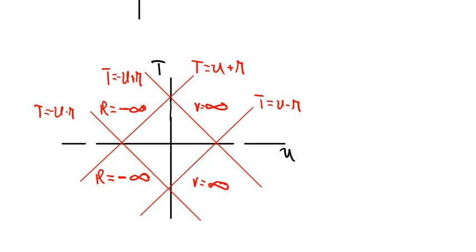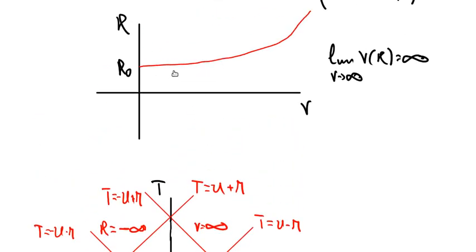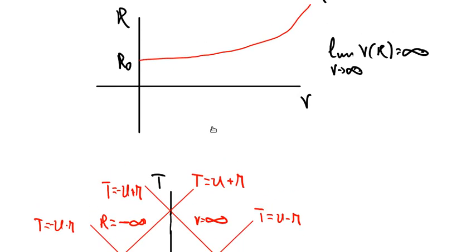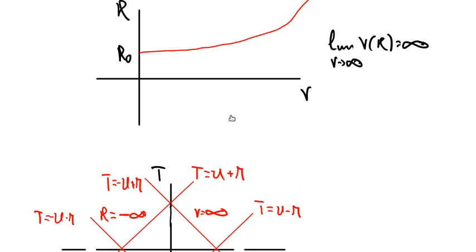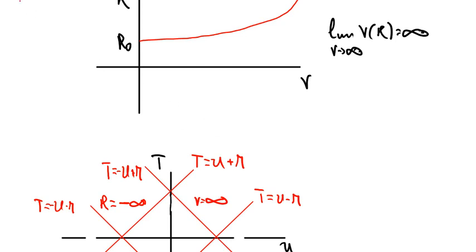And big R never gets to minus infinity, as we can see in this graph when R is positive. And so again, we have to study the set in which R naught is equal to R as a function of du. And we have the explicit form of this function.